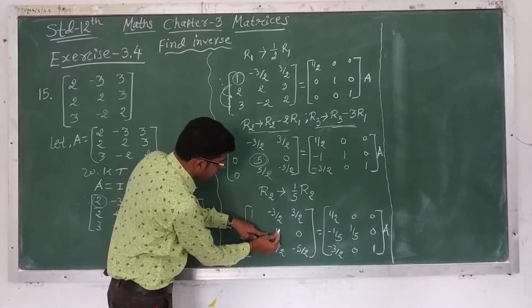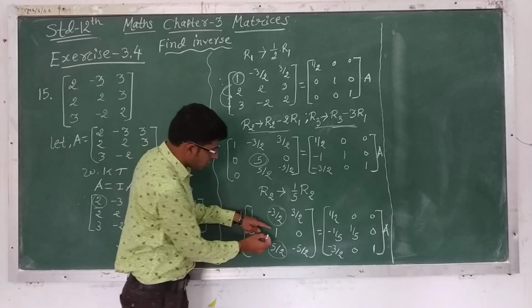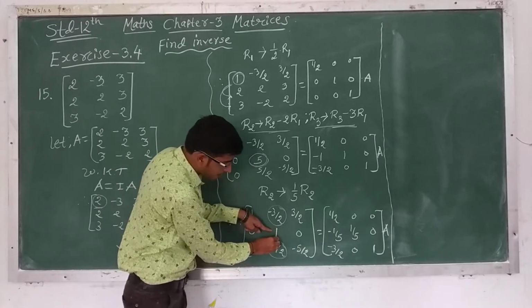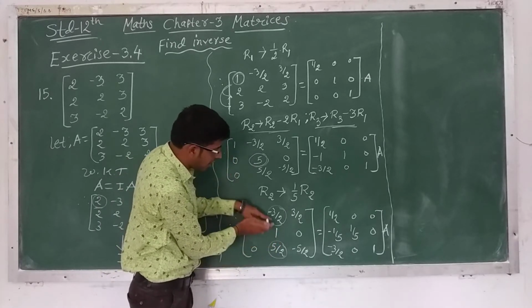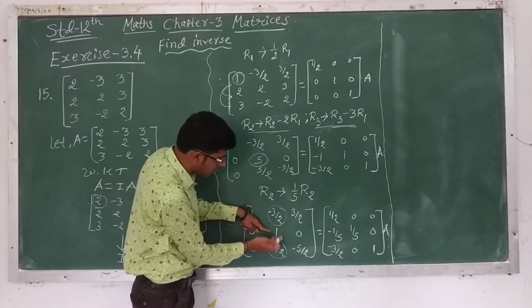Okay, what is our next goal as per our technique? So we have to make here 0 and here 0. So we have to multiply second row with 3 by 2 and add to the first row, and second row multiply by minus 5 by 2 and add to the third row.